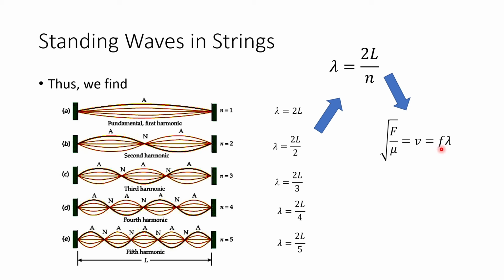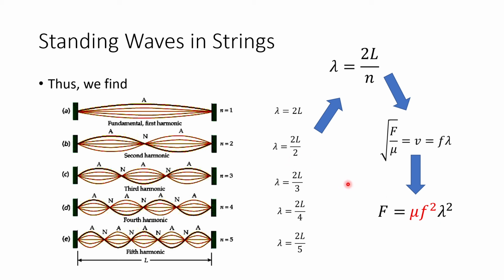Therefore, F right here is the tension, the force that's being pulled on the string. So therefore, you can actually make a plot of force versus lambda squared. So if you put mu onto this side right here and then take the square on both sides, you can write down F equals mu f squared lambda squared.